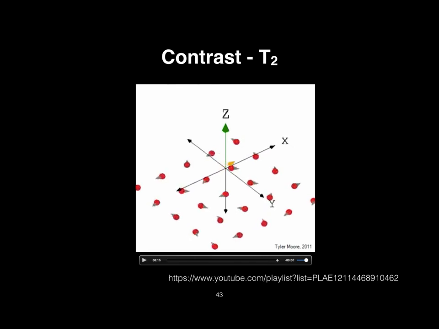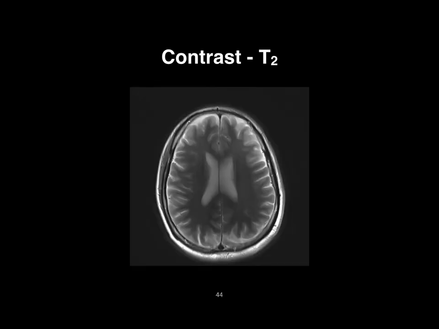This mechanism, where you look at the coherence of the spins with each other, is called T2. This is the kind of image that gives you T2 weighted contrast. So fluid here and here is nice and bright, with longer T2, followed by gray matter, which has slightly shorter T2, and then white matter here, which has a pretty short T2.